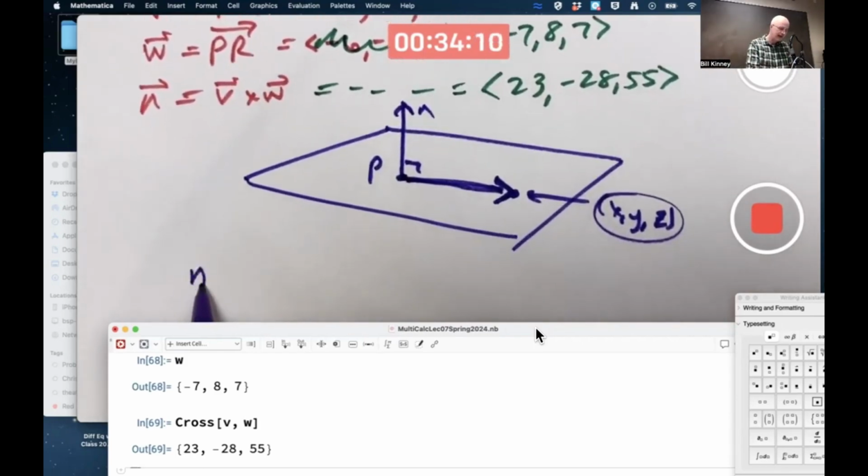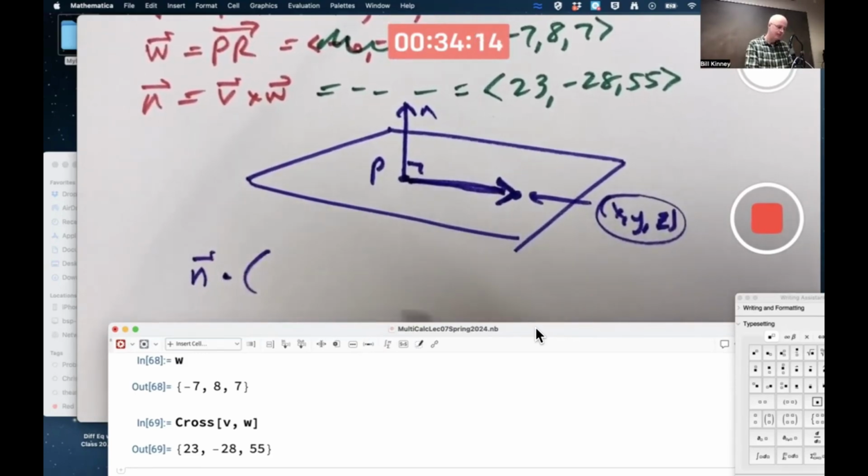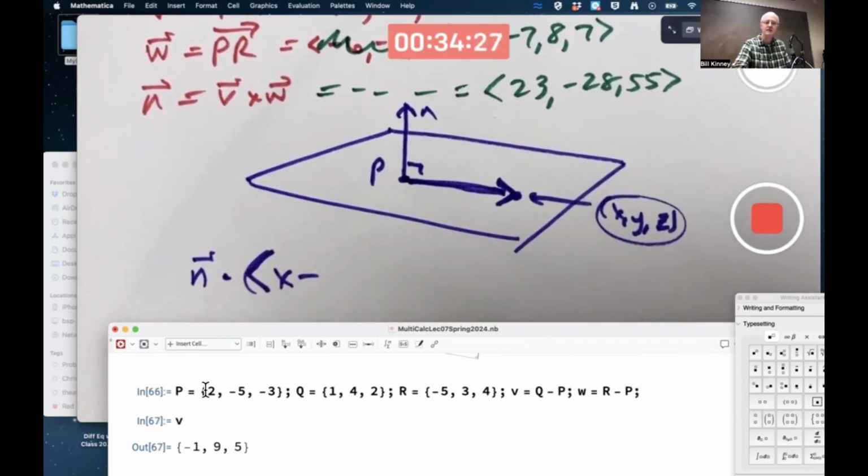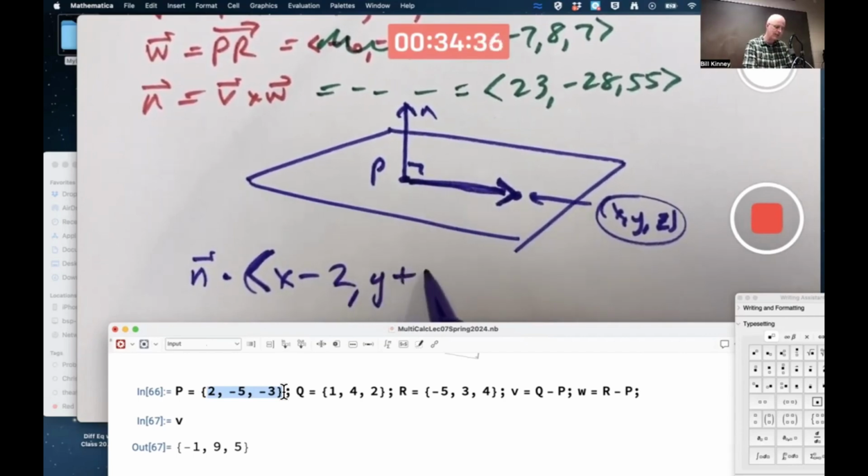So N dotted with, better write it as a vector whose first component is x minus the first component of P. The first component of P, you can see in Mathematica, was 2, comma y minus the second component of P. Y minus negative 5 is y plus 5.